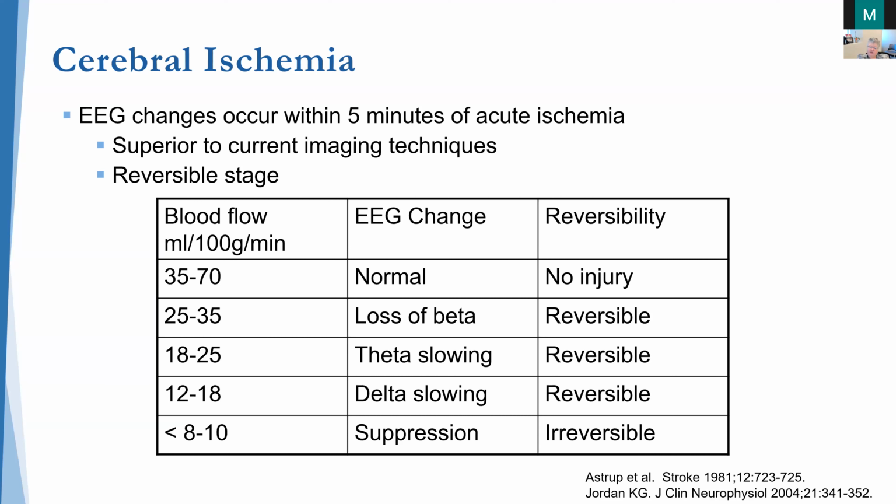And all of these changes are reversible if blood flow is restored. And that's one of the major reasons that EEG is so useful, because it can pick up these changes while we can still intervene and restore blood flow. When blood flow is severely decreased, then we see complete suppression of background activity. And at this point, the changes are irreversible.